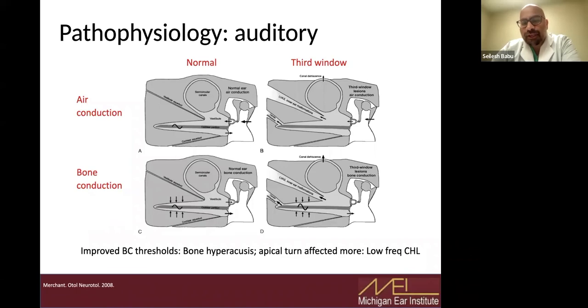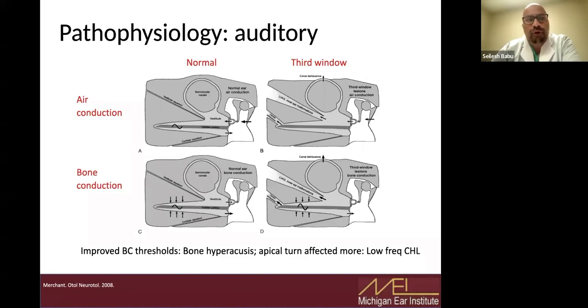So the air conduction can be reduced, and the bone conduction is more affected, especially at the low frequencies at the apical turn. So that's why we seem to get a low frequency conductive hearing loss and a hypersensitivity to the bone conduction that occurs. I will honestly say I'm not sure I quite understand why it does what it does, but it does seem to be very consistent with patients clinically, that's what they complain of.